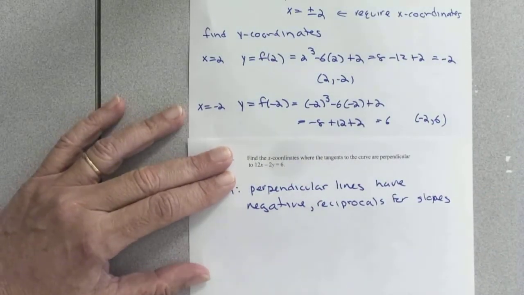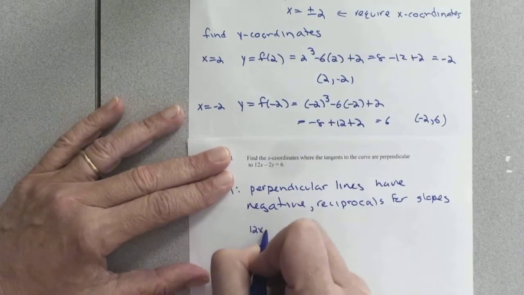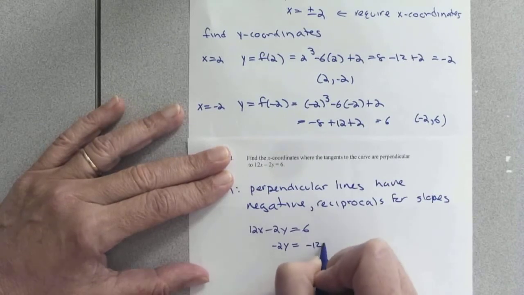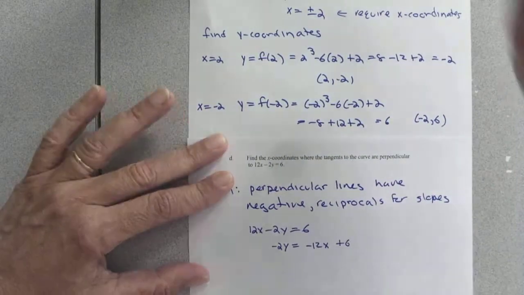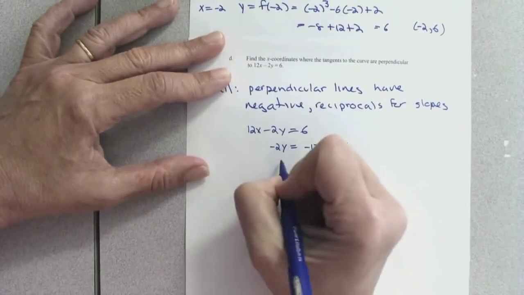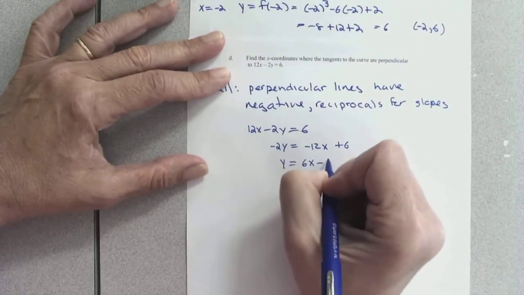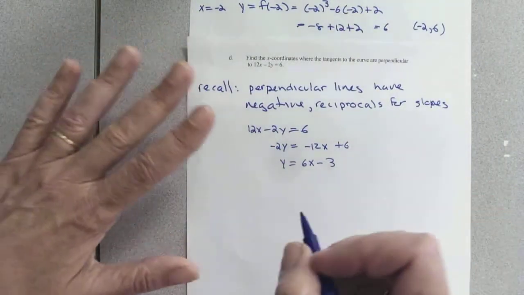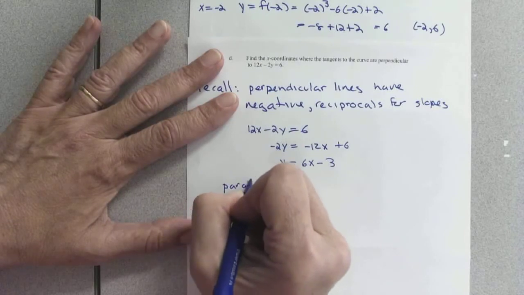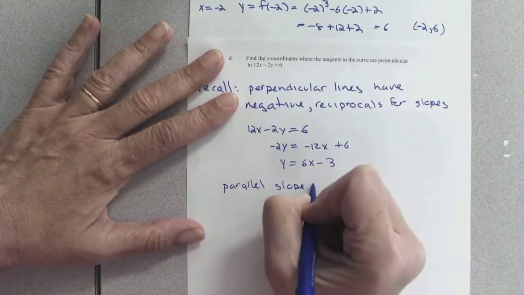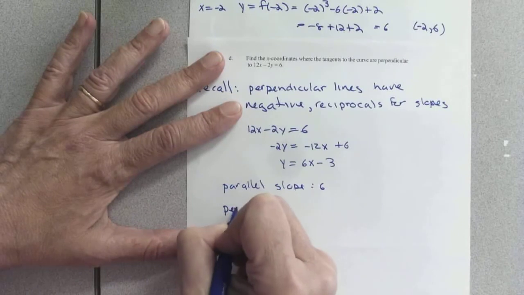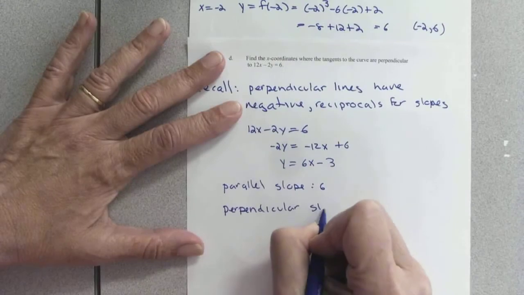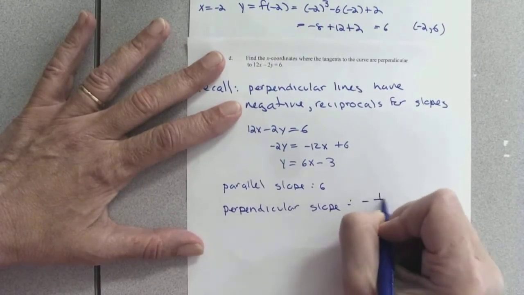So again, same line that we had before, but we'll write it out again. 12x minus 2y equals 6, which is negative 2y equals negative 12x plus 6, for y equals 6x minus 3. And so the parallel slope was 6, but the perpendicular slope would be negative 1/6.